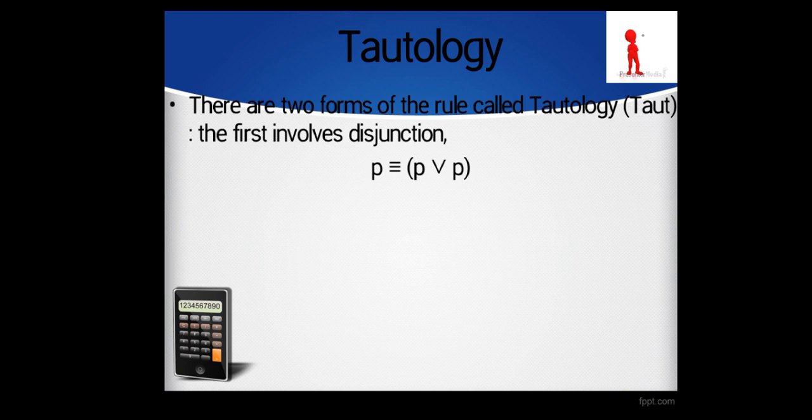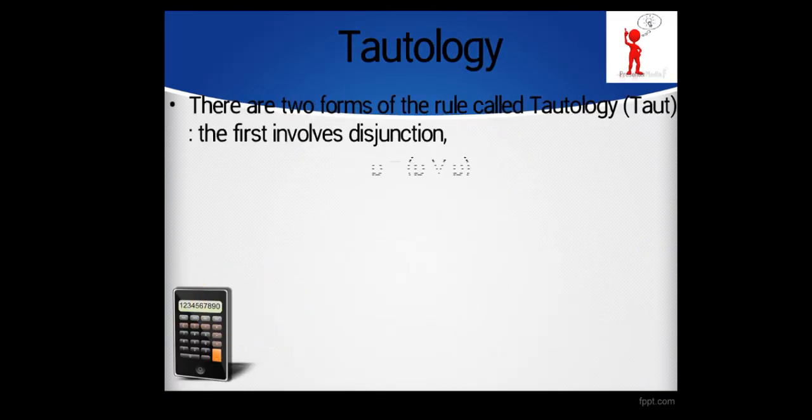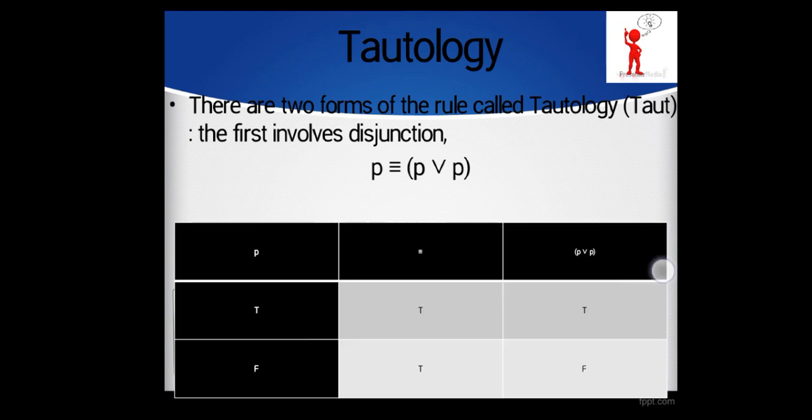P is equivalent to P or P. Here is the truth table. If we have T for P, since P or P is equal to P, this is T. That is the tautology.